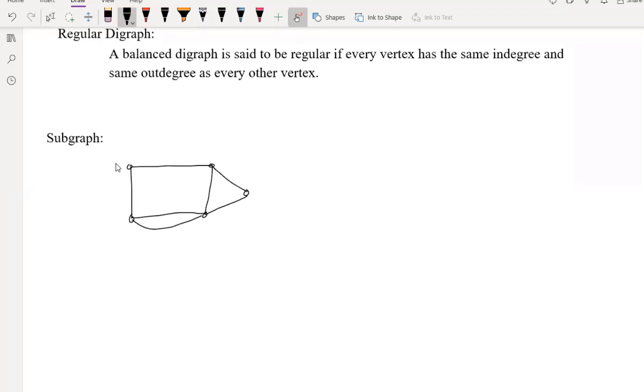Suppose this is A, B, C, D and E, and the edges are E1, E2, E3, E4, E5, E6, E7. So this is the graph G.